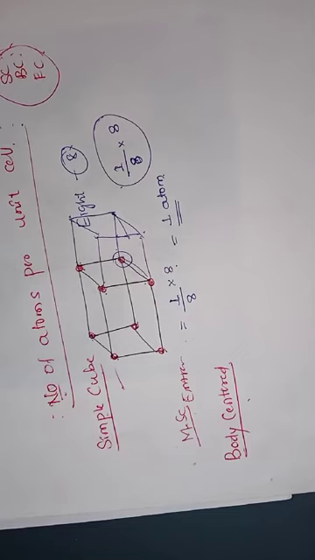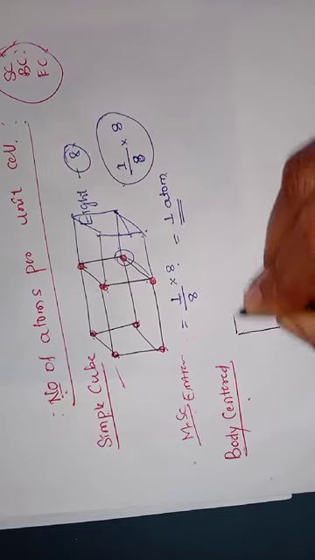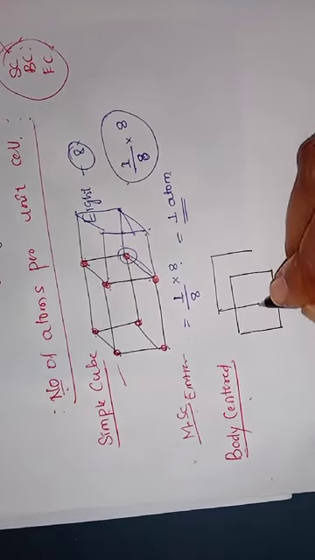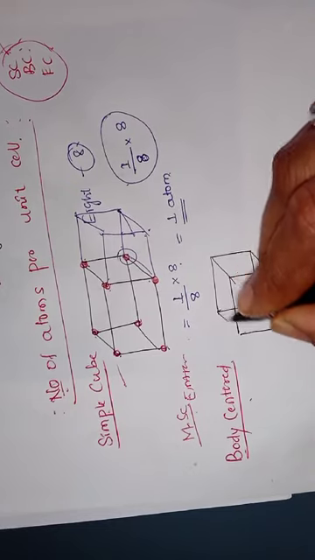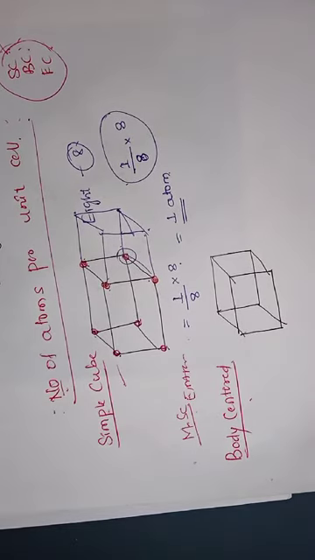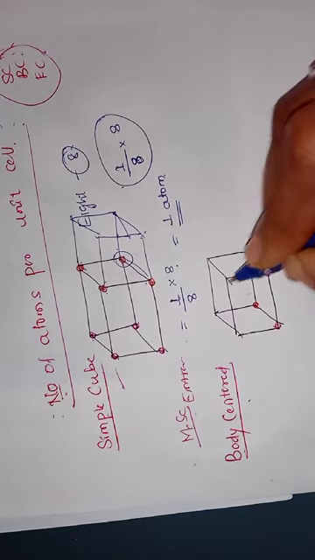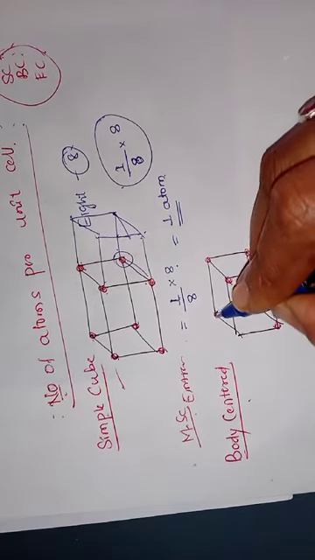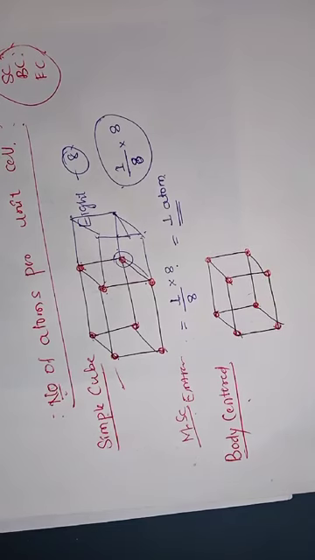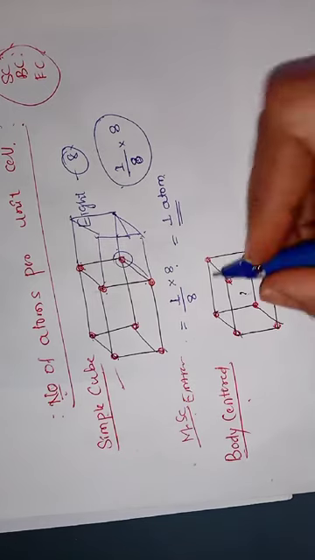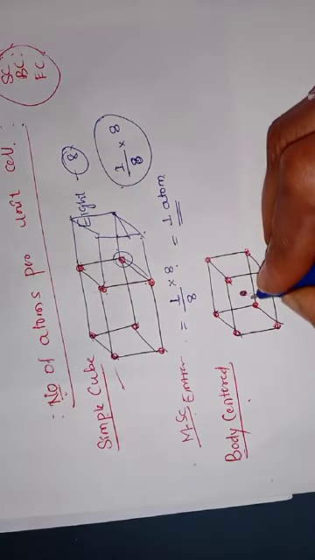So what is the body centered cube? First we will go through the cube. The atoms are arranged at the corner of this cube. Then body centered means an atom at the center of the body, the center of this unit cell.